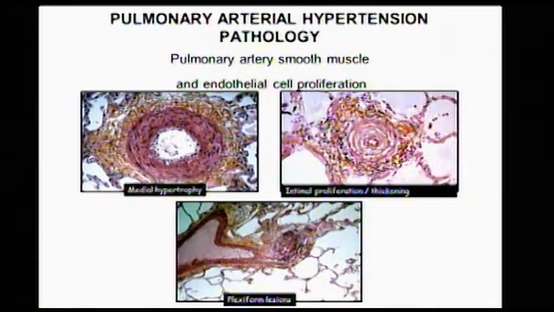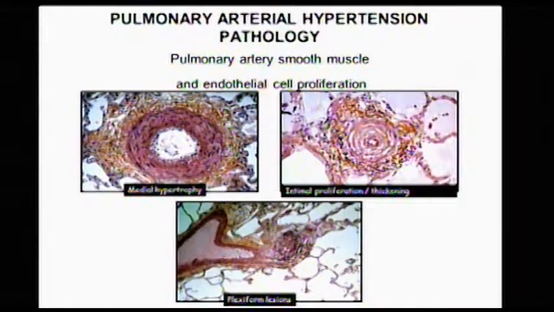Usually you have only one layer of endothelial cells. Here you have multilayer endothelial cells, which is absolutely abnormal. And you have also something which has been really overlooked for many years: fibrotic remodeling of the adventitia. These patients have fibrotic adventitia, and this explains in part why these vessels are so poorly compliant.